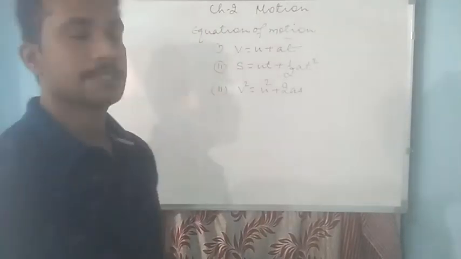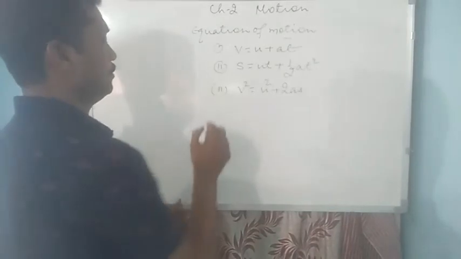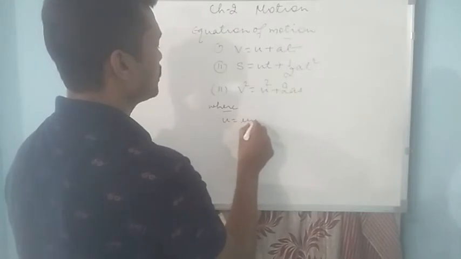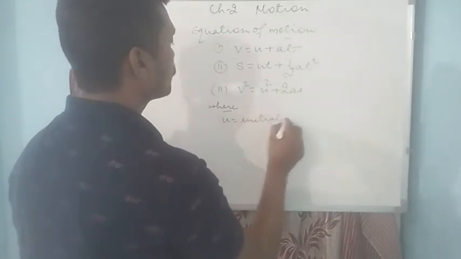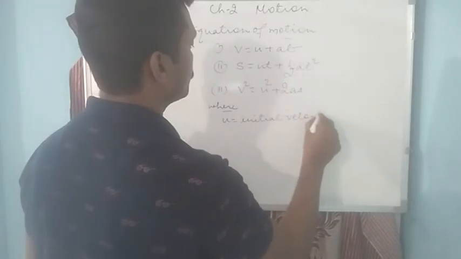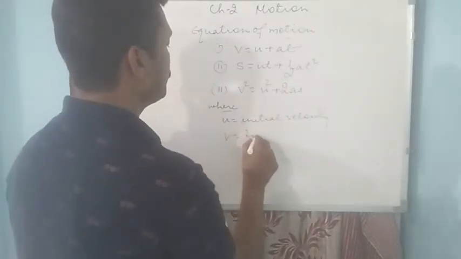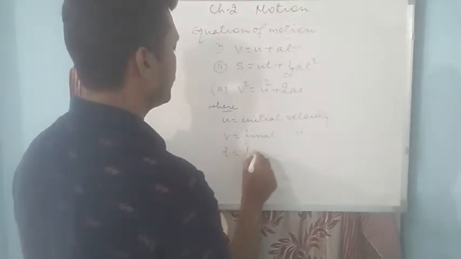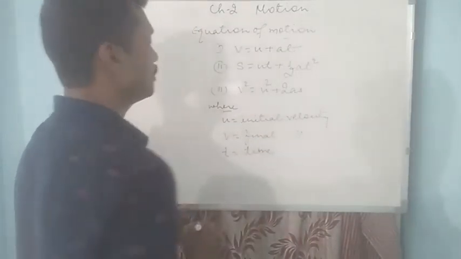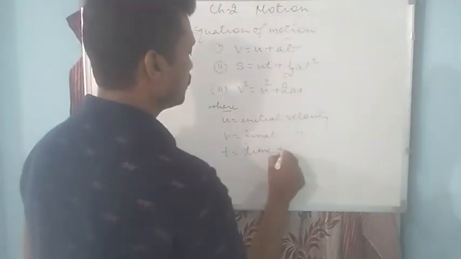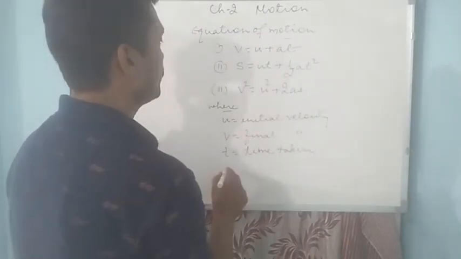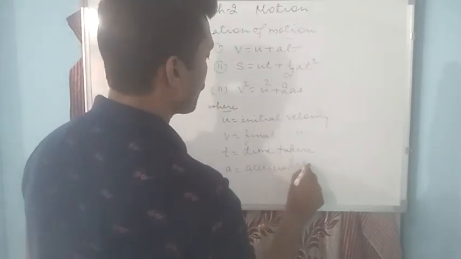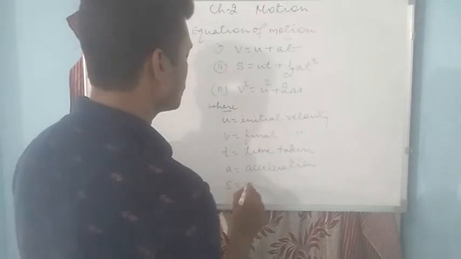Now what does the symbol represent here? You should know that also. Where u is equal to initial velocity, v is equal to final velocity, t is time taken to change the velocity from initial to final, then a is acceleration, uniform acceleration, and s is the distance covered.